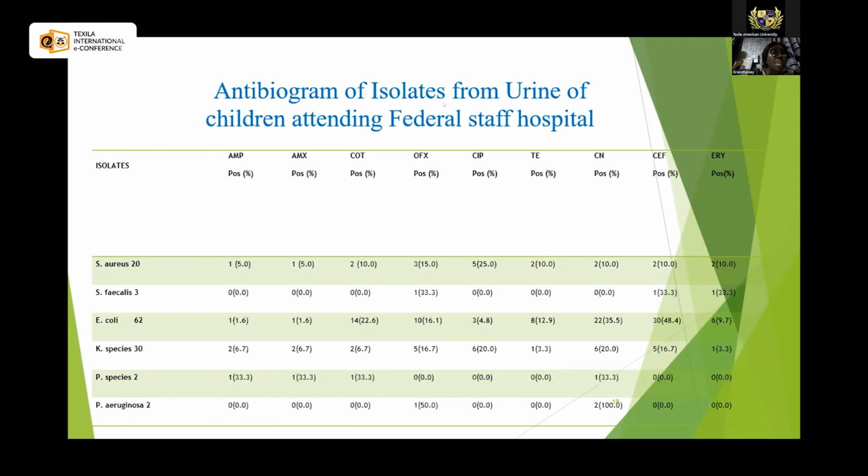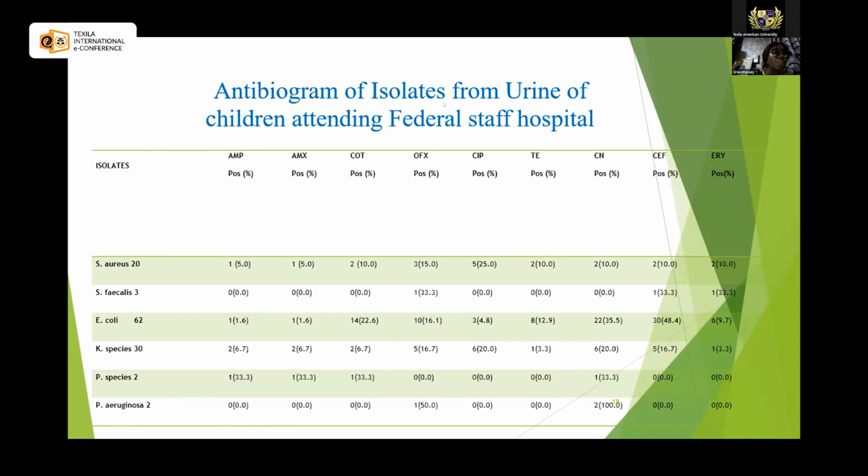We also have Klebsiella species, where I had 30 isolates, and from my antibiogram, I've seen that ciprofloxacin is most suitable. Gentamicin is also okay, followed by cefuroxime, as well as cotrimoxazole. Ofloxacin is okay.